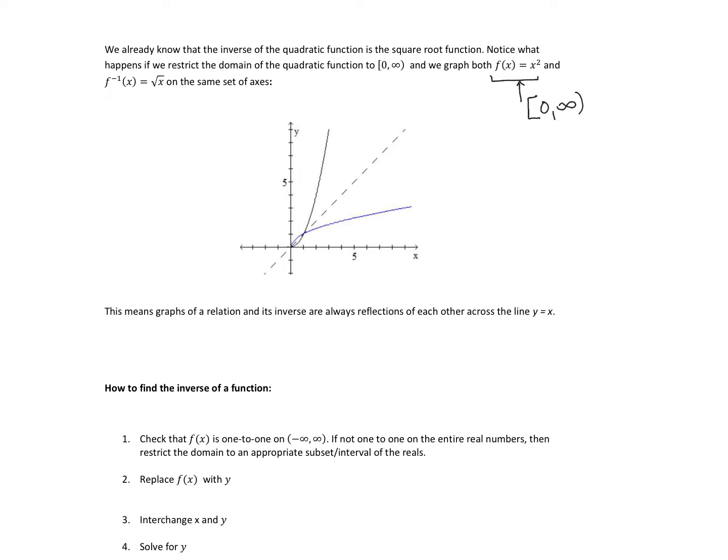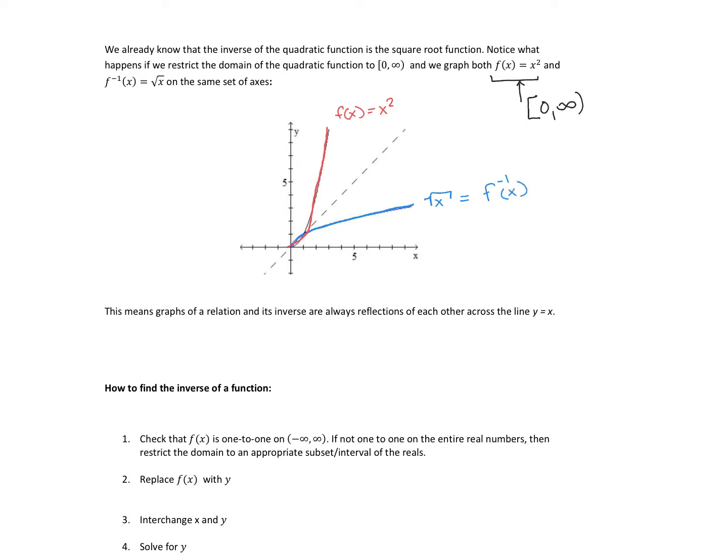So in this picture, this blue graph is the square root of x, and this red graph is x squared. And they are inverses.